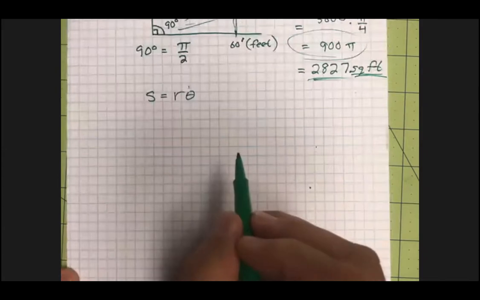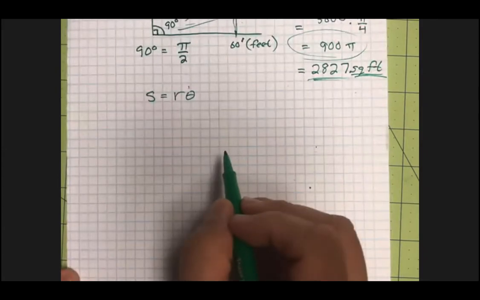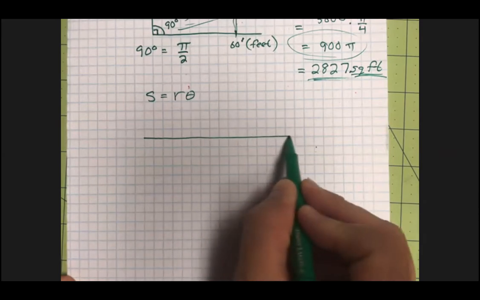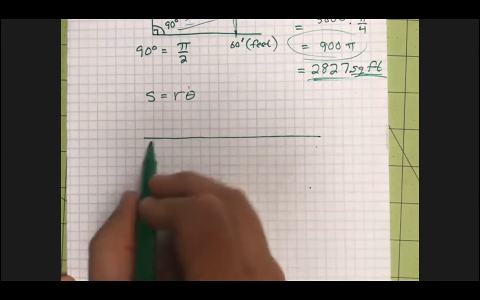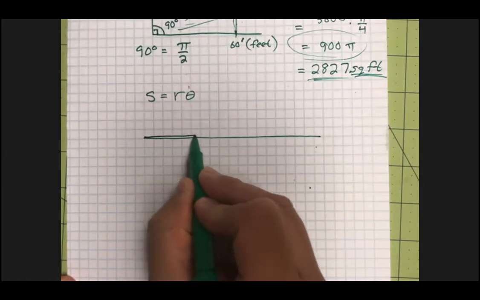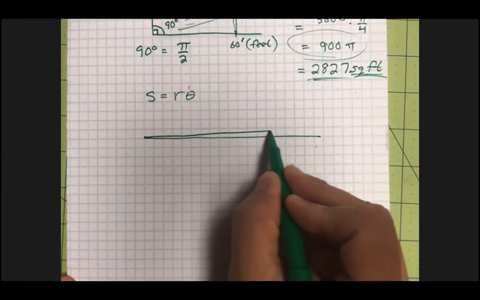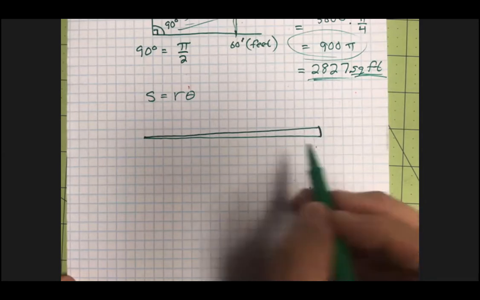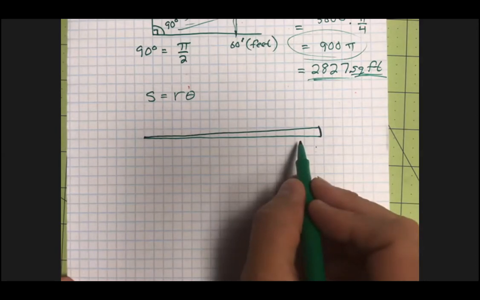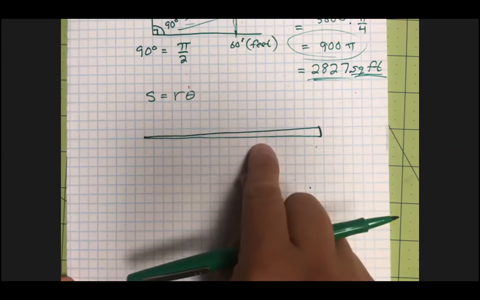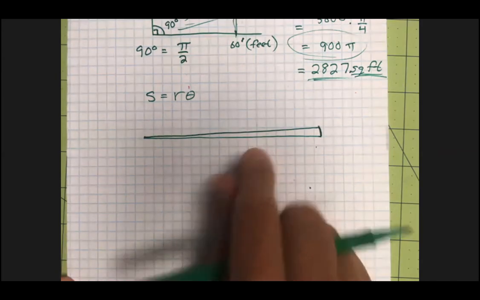But let's use a tiny, tiny piece of pizza. And it's over here. And this relates to your homework problem that you're about to do. This is a very thin piece of pizza. You definitely don't want this. You'd feel cheated. But it's a part of a circle anyway. It's a piece of pizza.